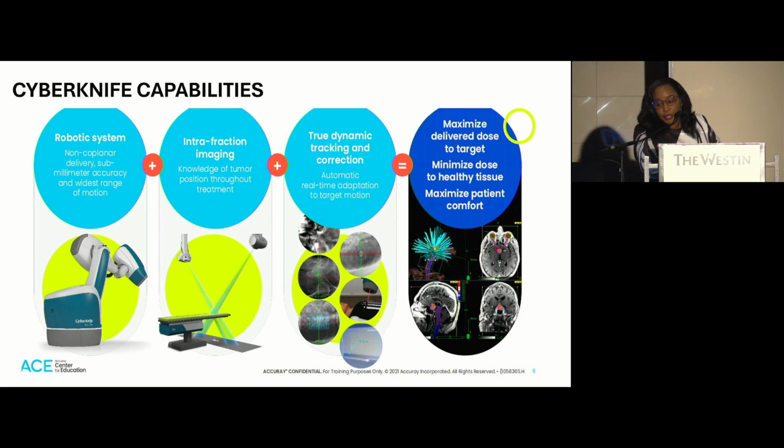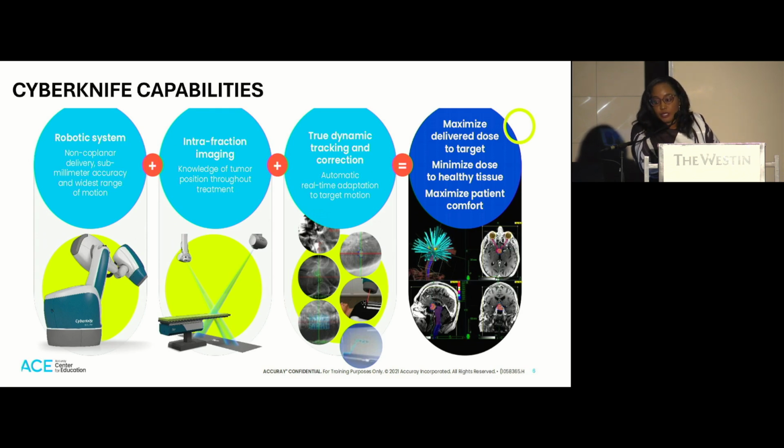So what are the capabilities? The main one is the robotic system. So it can do both non-coplanar, sub-millimeter accuracy, and a wide range of motion. And then we have the intrafraction imaging. We do imaging every 30 seconds during treatment. So our treatment times are quite long, 20 to 30 minutes. But we do 30 seconds of imaging, and we align the robot as need be.